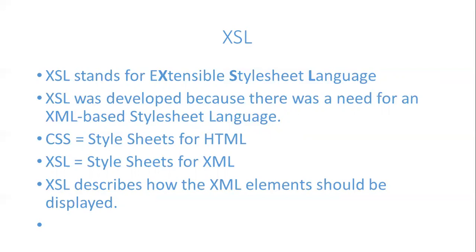Similarly here, if we wish that the contents of the XML should be properly displayed, then we use the XSL, extensible style sheet language. So CSS is the style sheet for HTML, XSL is the style sheet for extensible markup language. CSS, HTML, XSL, XML. Now, XSL describes how the XML elements should be displayed.